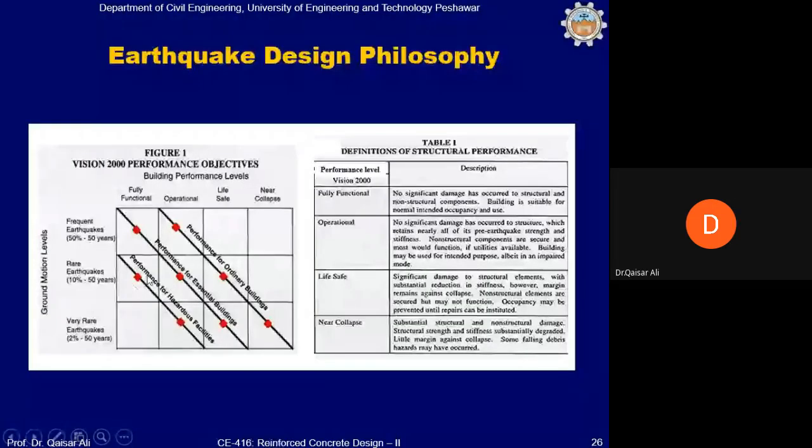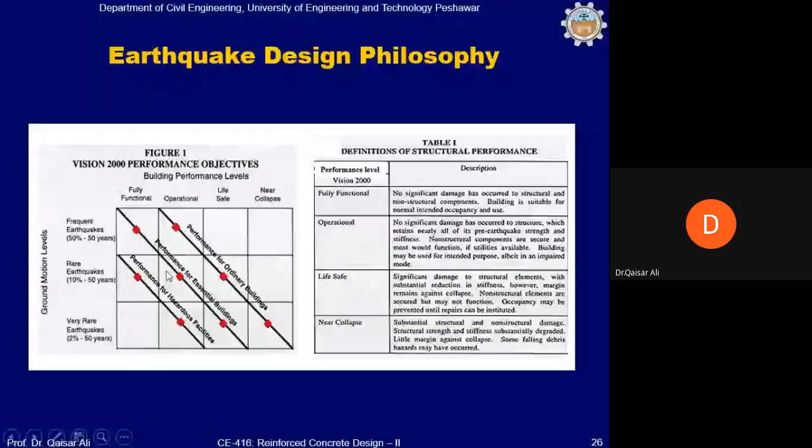So these two types of buildings, essential buildings and hazardous buildings, should remain fully functional when they are hit by frequent earthquakes. Now, the hazardous facilities shall also remain fully functional against rare earthquakes whose probability of occurrence is 10% in 50 years.